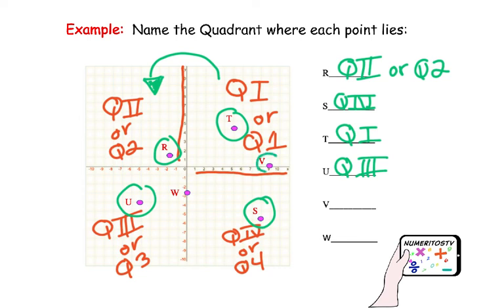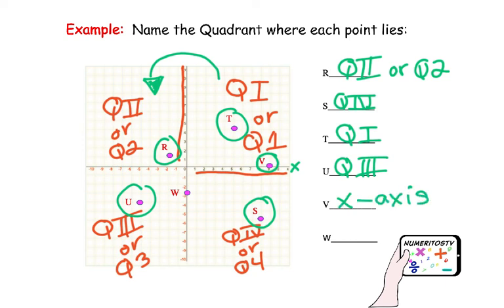V is exactly on the x-axis. So you cannot name any quadrant here. If they ask you for the quadrant and you see that a point is on one of the axes, that will be your answer. So V is going to be on the x-axis.